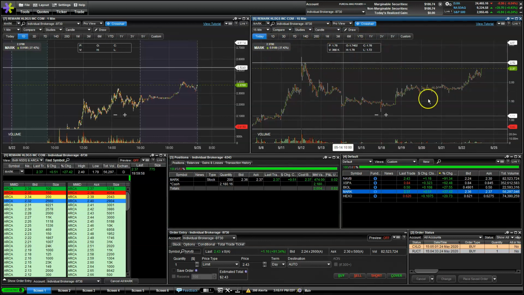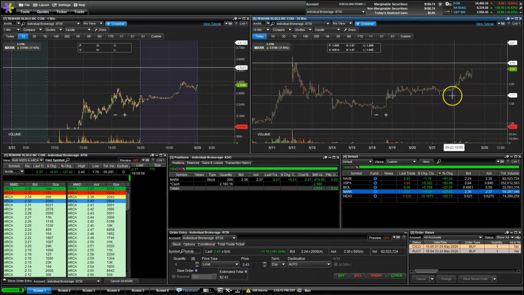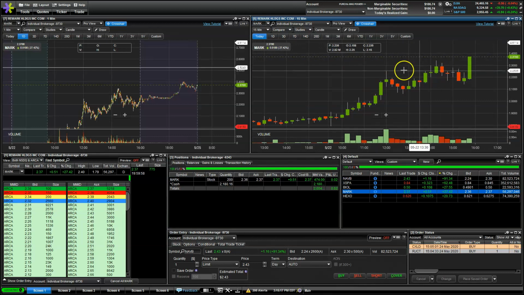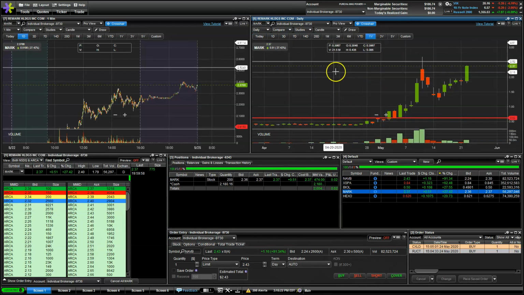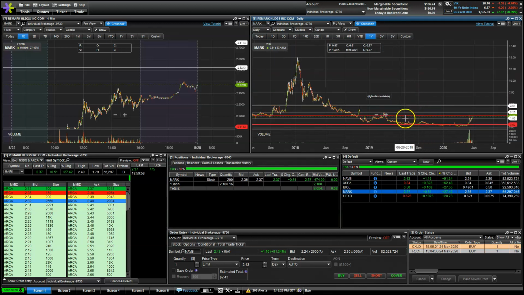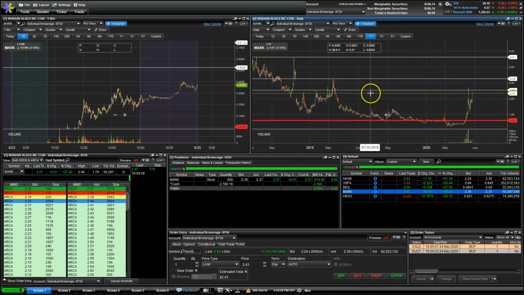So after the 5 minute and the 15-minute chart, this is all through intraday. Whenever I'm looking to set my resistance and my support levels, I like to go to the year chart, and this will give me a better idea of what this stock's key support and resistance levels are.